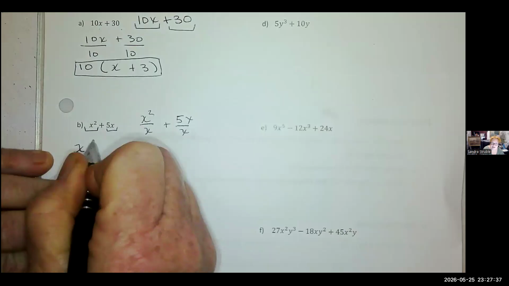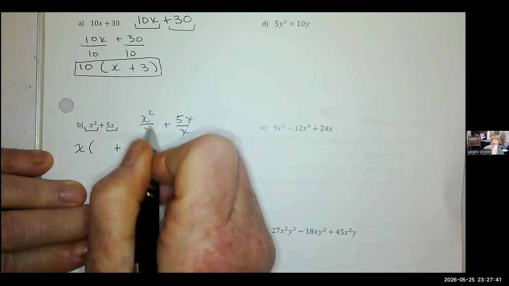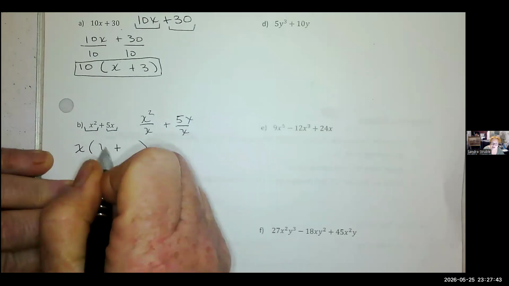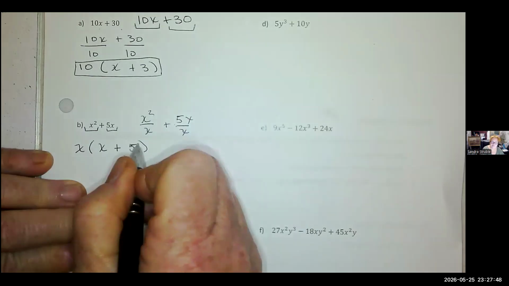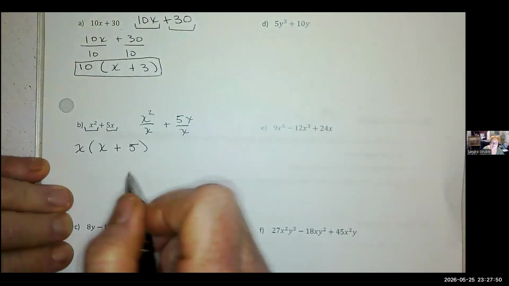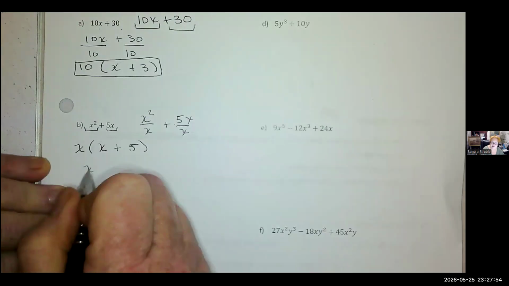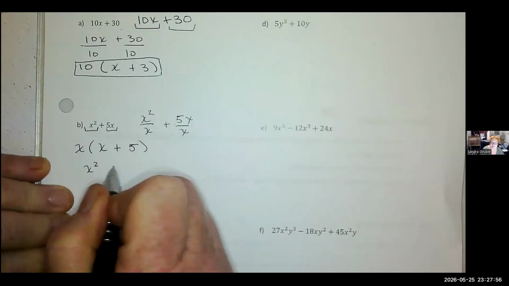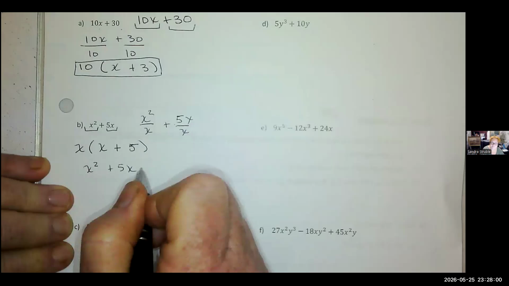When we factor out x from x squared, we're left with x. When we factor out x from 5x, we're left with 5. Again, you can check this by factoring back in. x times x is x squared. x times 5 is 5x. So that looks exactly like the original, which means we have factored it properly.